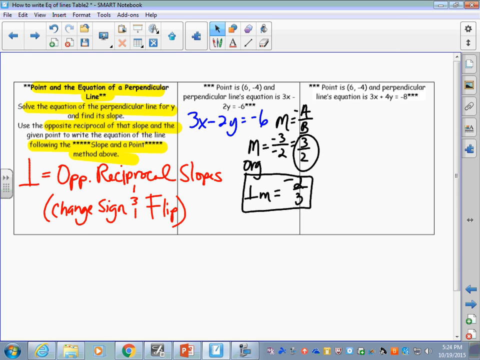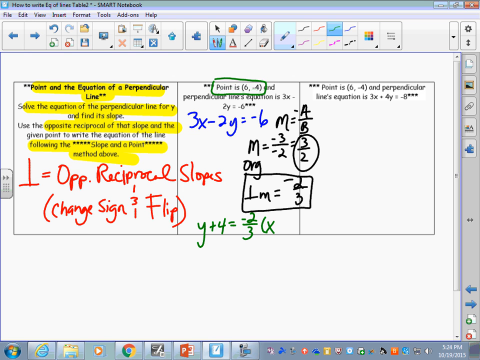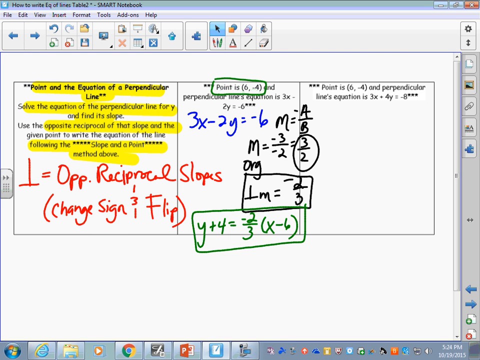We're now going to use the perpendicular slope with our point and put it in point slope form. So y plus 4 equals negative 2/3 parentheses x minus 6. There's our point slope form of the equation. We're going to distribute and solve for y.